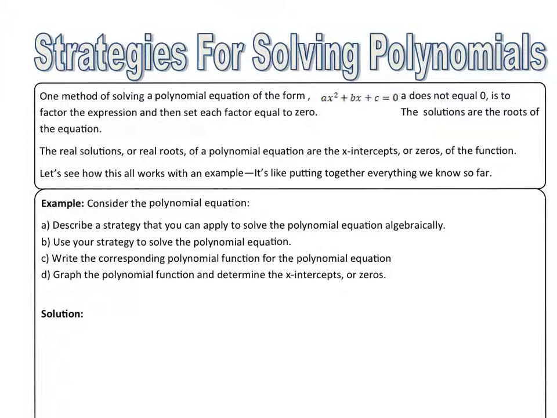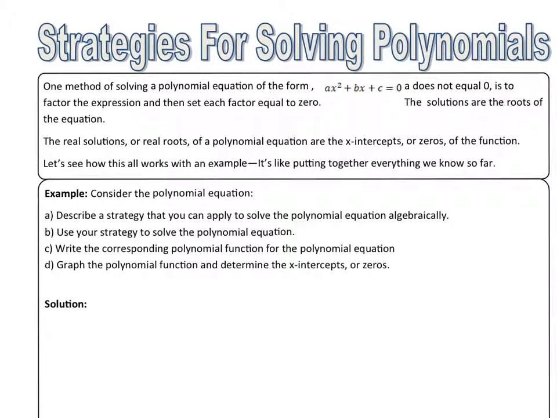Now I just want to quickly explain a little bit of terminology. Roots equals, it's the same as zeros, which is also the same as x-intercepts. Okay, so all three of those terms mean the same thing.